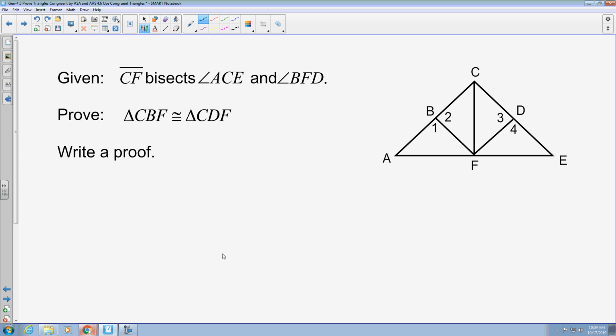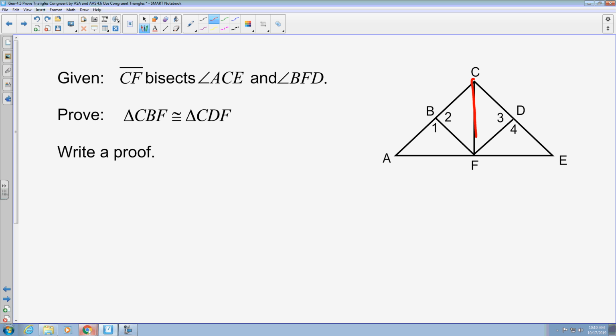So here in this proof, they're telling you that CF bisects ACE and BFD. Let's do it.